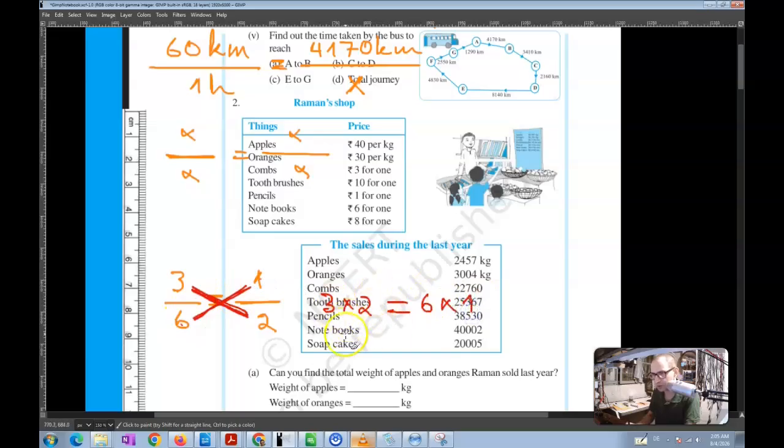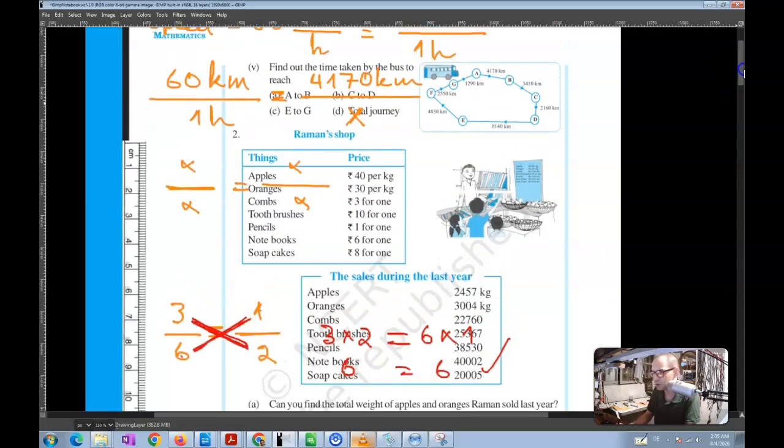And of course you know that 3 times 2 is equal to 6, 6 times 1 is equal to 6, and this property always exists in a proportion, right? So the same thing you can always do. We can do it over here in order to find the value of x.